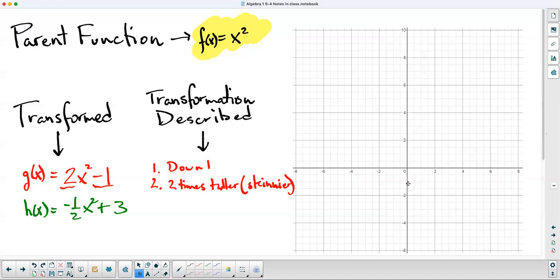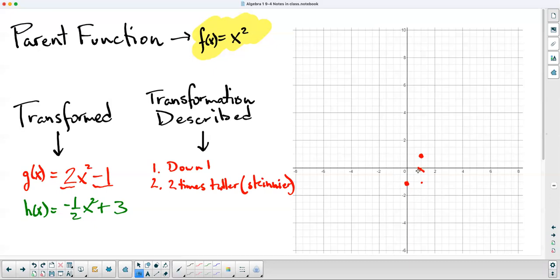Okay, good. So the down 1 is what we'll start with to draw it. So I'm going to go down 1 because that tells me where my starting vertex is, the starting point. Now, normally I would go over 1, up 1 and put my point. But I'm making it twice as tall. So instead of going up 1, I multiply that by 2 and go up 2.